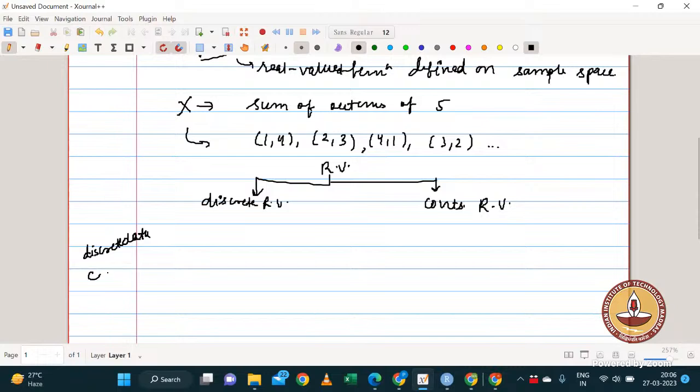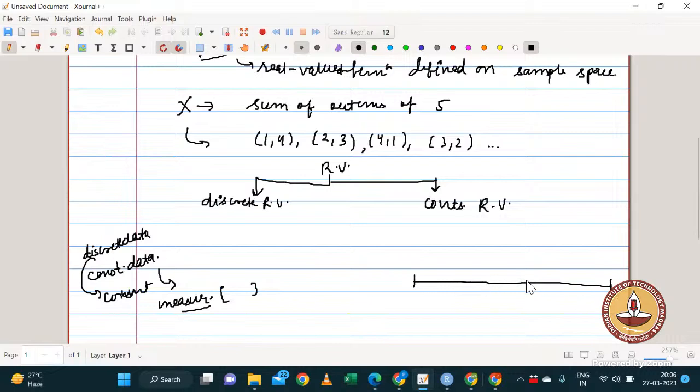So with discrete data we could count the data, and with continuous data we had to measure the data. That's the basic difference, and it's important. Continuous data can take any value between a given interval, while discrete data will take distinct values on the real number line.